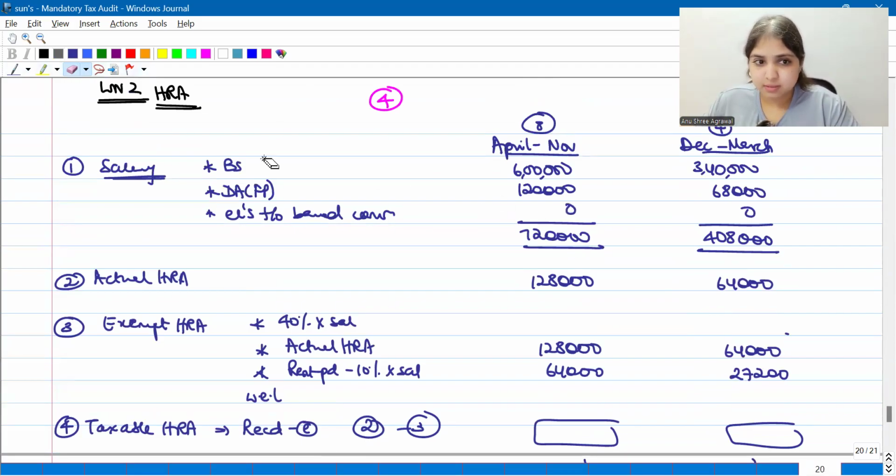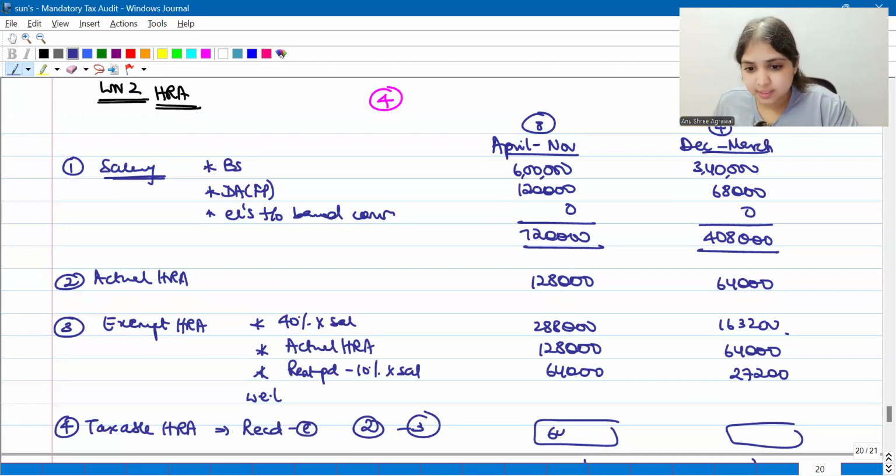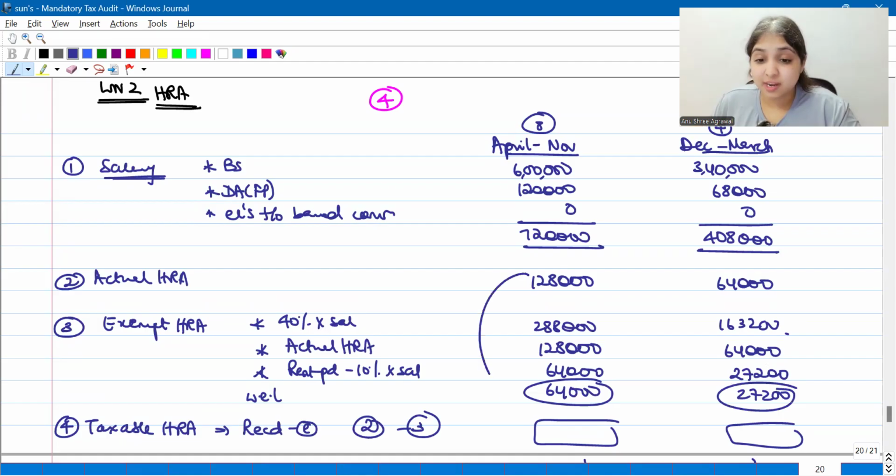All right. So 40% of salary. So 7 lakh 20 into 40%, which will be 2,88,000 here. 4,08,000 into 40%, which is 1,63,200. Now, if I look at the lesser number, it's going to be 64,000 here, and here the least number is 27,200. Right, guys? So now what's going to be your taxable HRA?